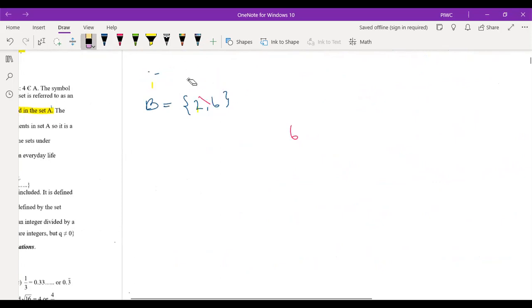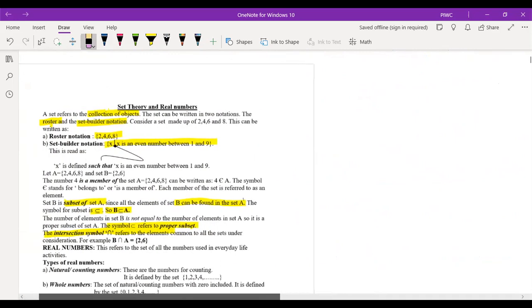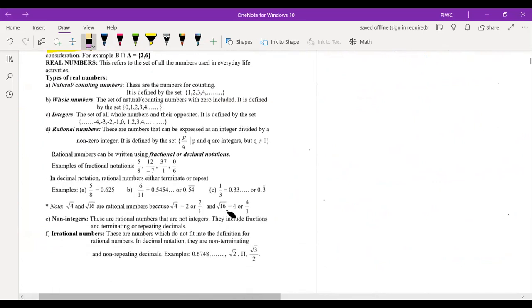Okay, they're all real numbers. So this refers to the set of all the numbers used in everyday life activity.